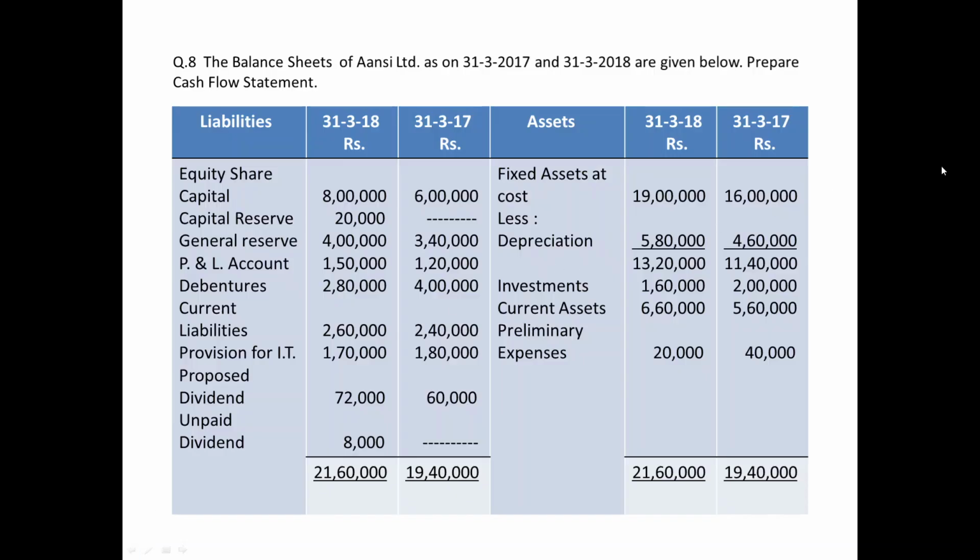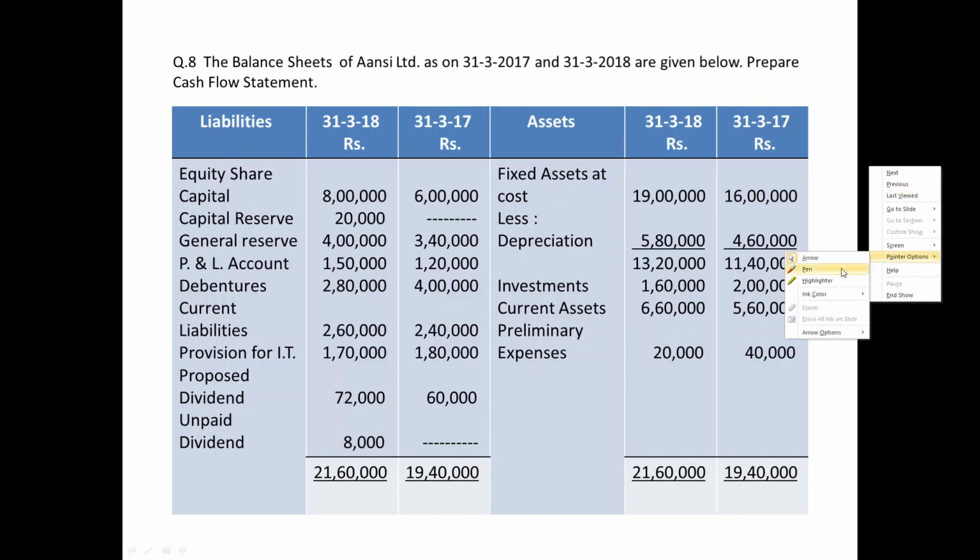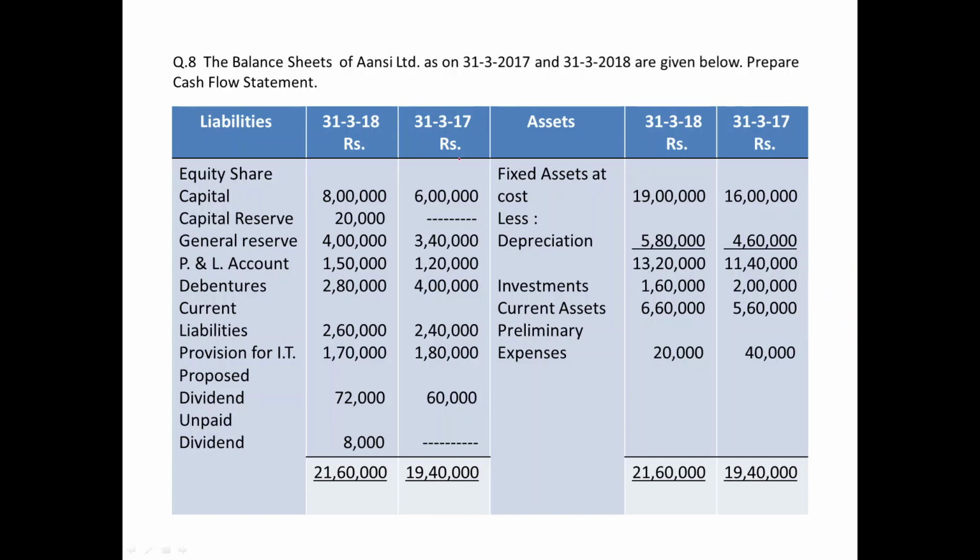Before we start the cash flow statement preparation process, let me draw your attention on these two balance sheets, especially the dates. After liabilities, the column is 31st March 2018, for which we have to prepare the cash flow statement, and then the column is 31st March 2017. Same is on the asset side.